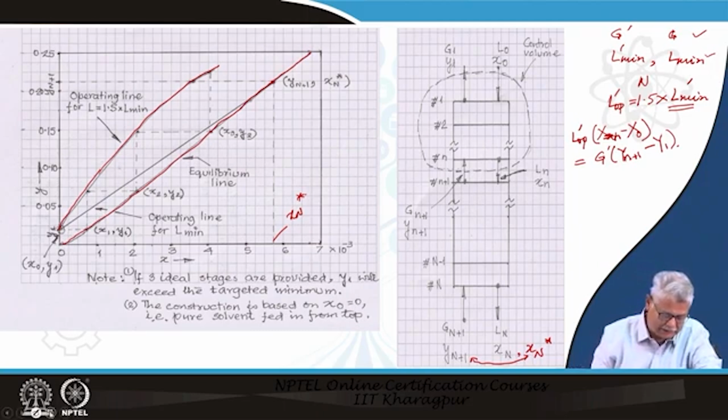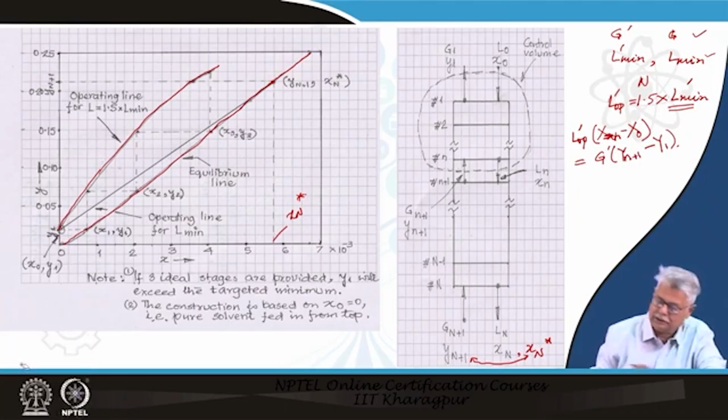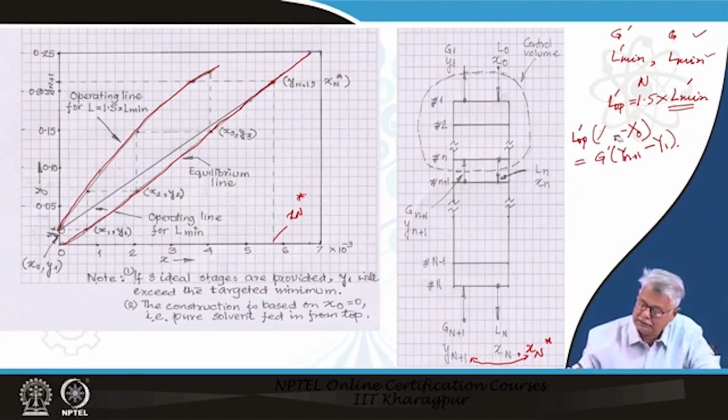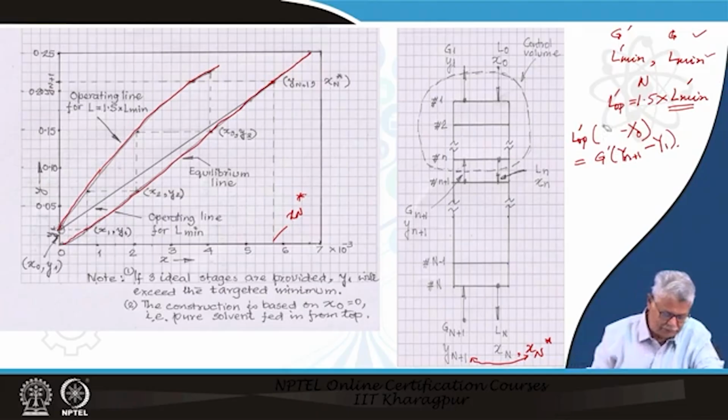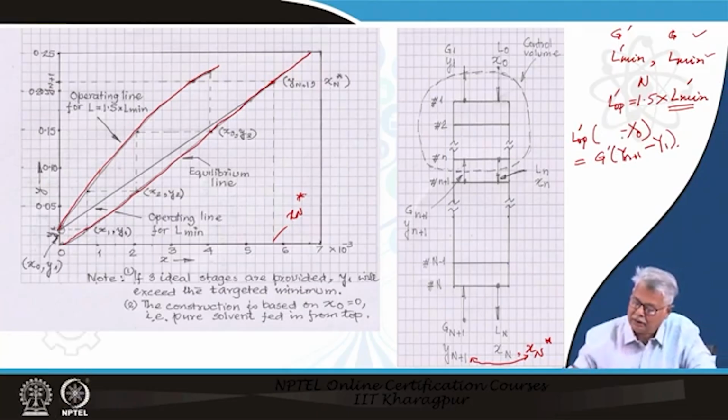I will just make the correction here. Here I have the eraser, so I just improve this and make it more correct. And so, this basically is Xn.